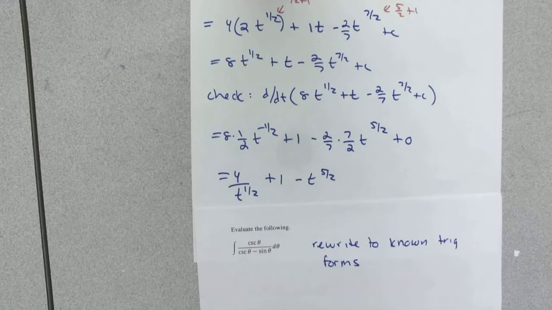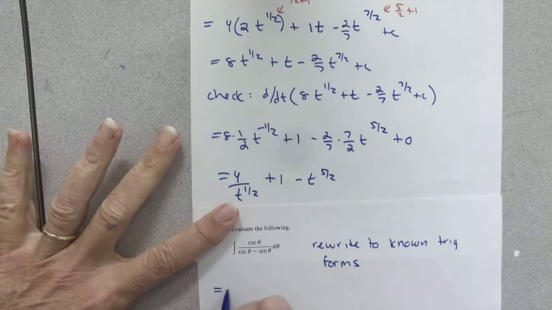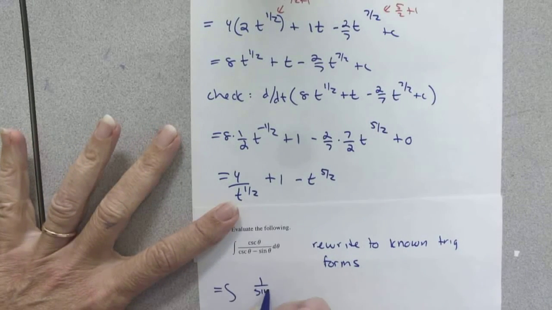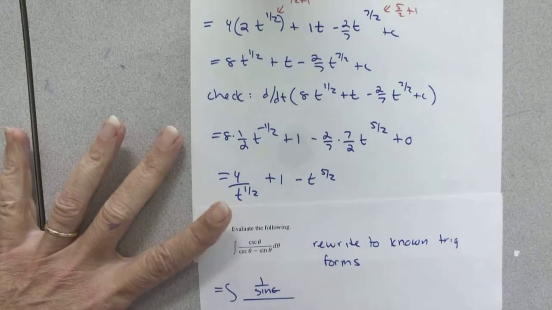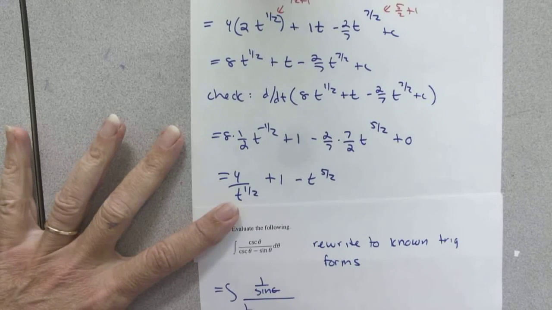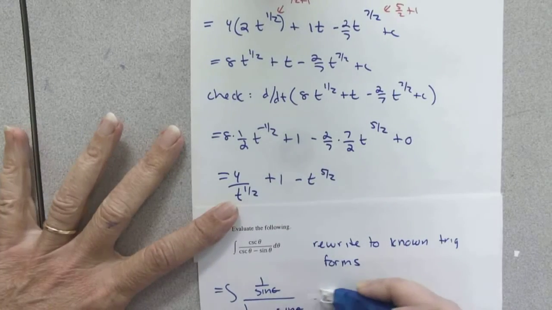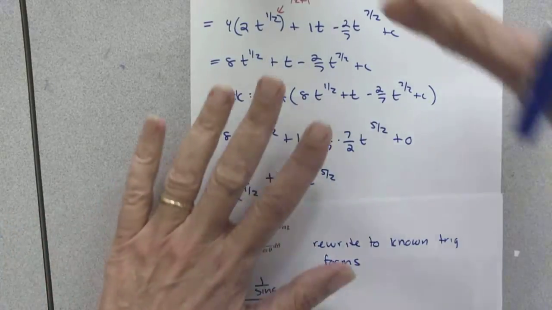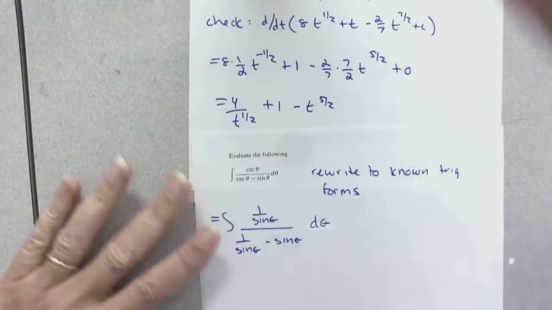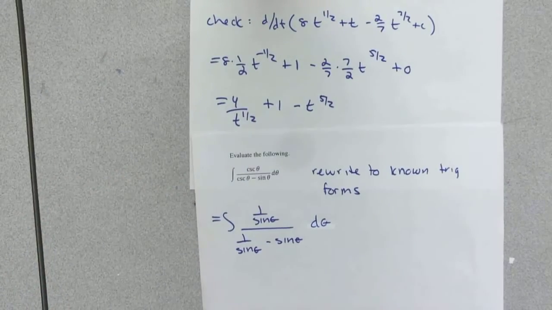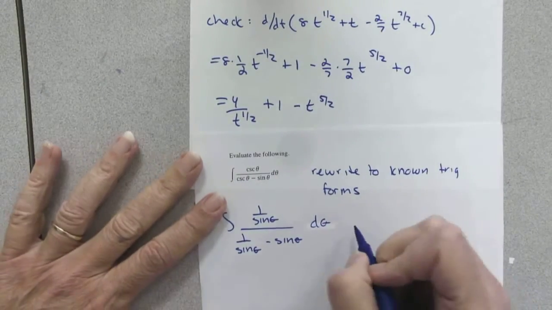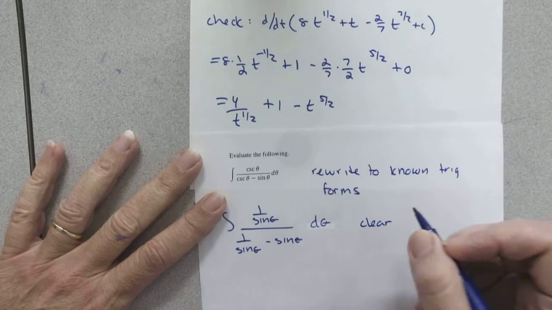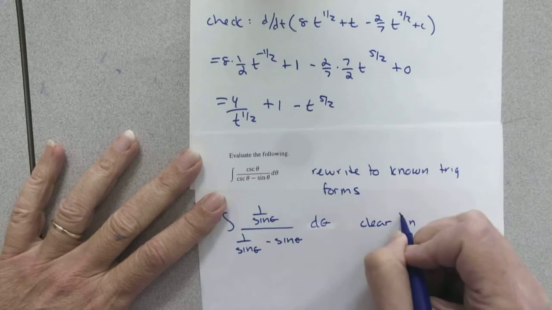And when I see that, the only thing I can think of to do, because there's no obvious trigonometry here. I don't see anything like sine squared plus cosine squared. Since there's no obvious trig, the only thing I could think to do on this one is to go to terms of sine and cosine, because there was no other obvious trig. And now let's clear the fractions. Clear the individual fractions.